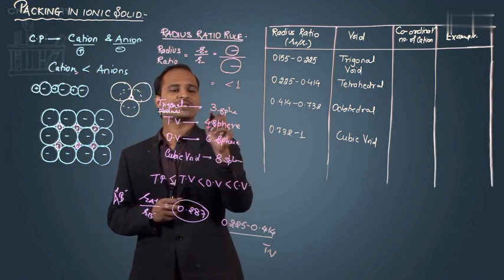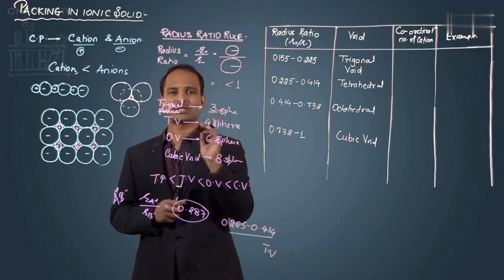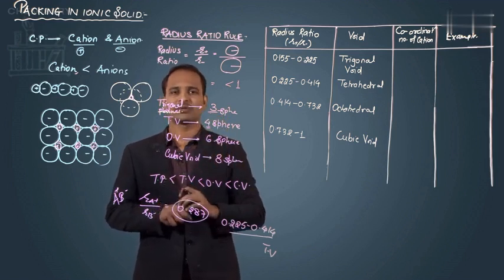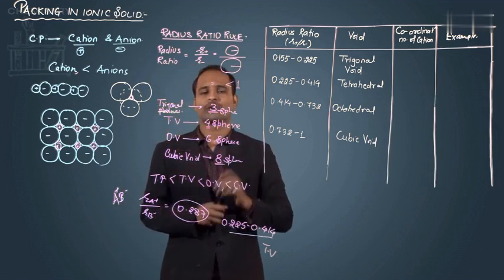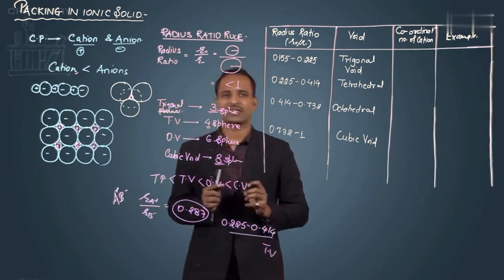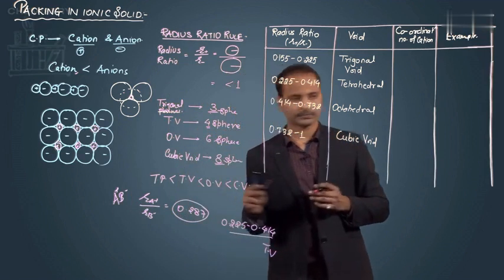If the cation is present in a trigonal void, it will be in contact with 3 spheres, so its coordination number will be 3. If the cation is present in a cubic void, it will be surrounded by 8 spheres, and hence its coordination number is going to be 8.